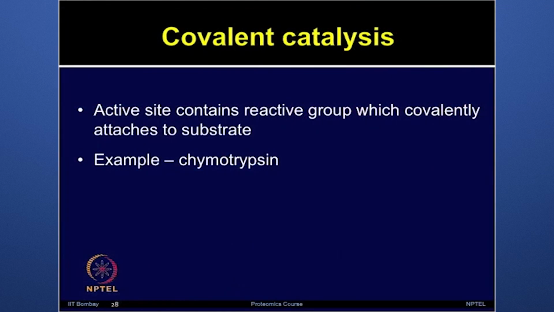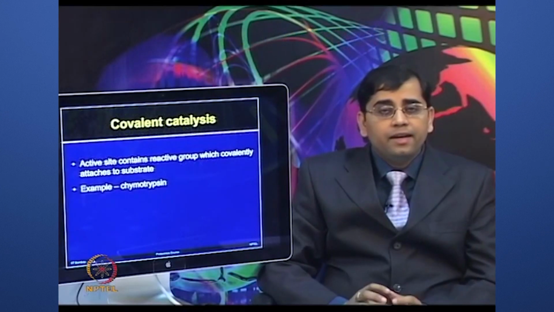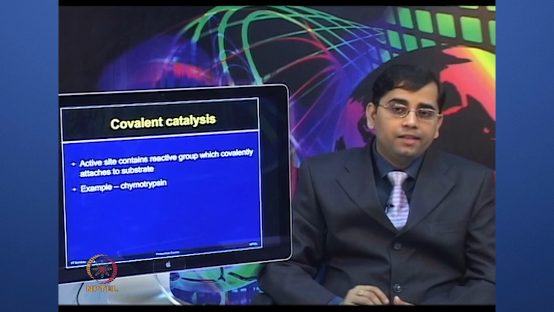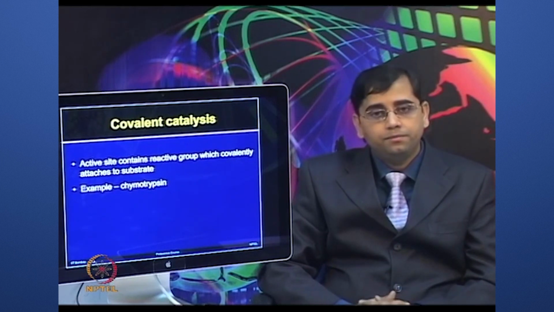So, covalent catalysis. In this, the active site contains a reactive group which covalently attaches to the substrate. Let us take the example of chymotrypsin, which contains a highly reactive serine at position serine 195.